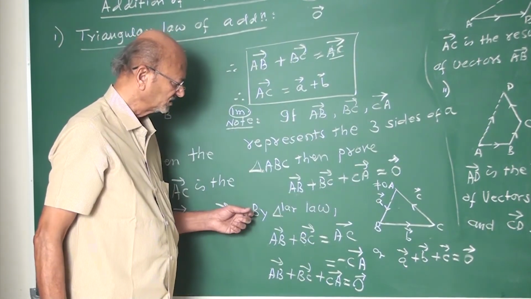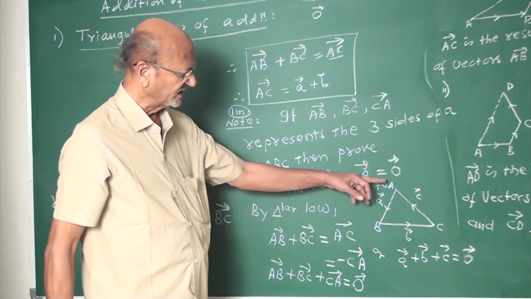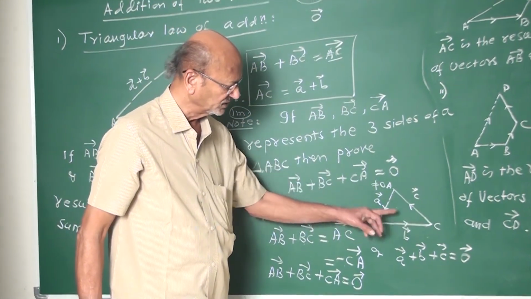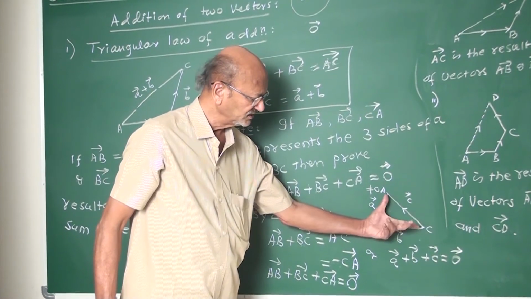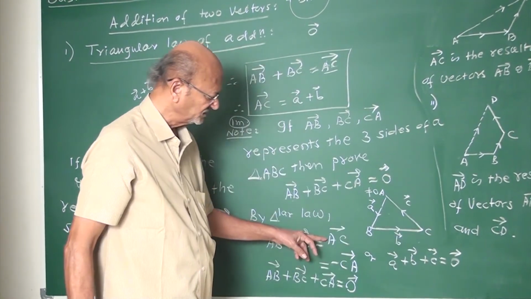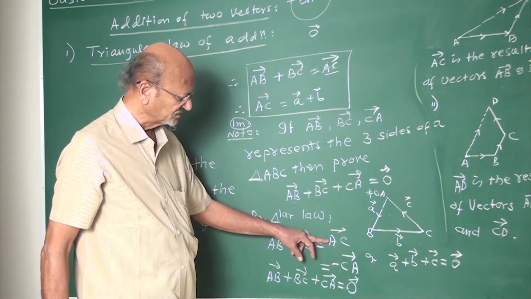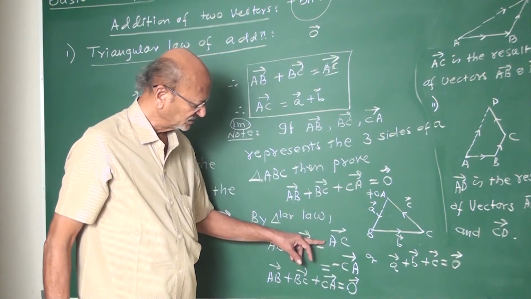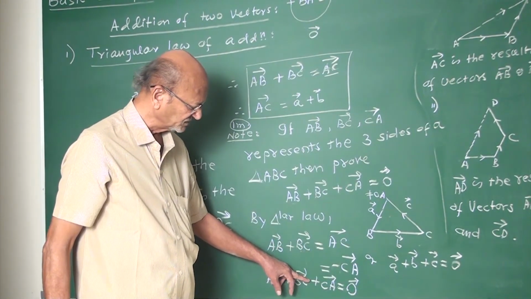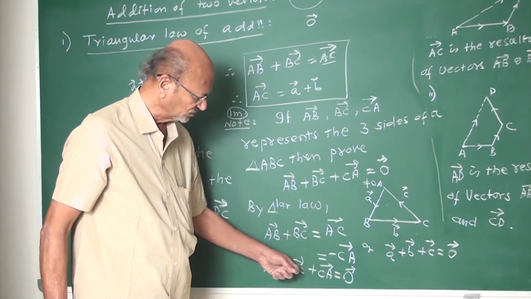Yes, how to prove it? By the triangular law of addition, vector AB plus BC, initial to end, this is AC. Change the direction, AC to CA, this plus becomes minus. Bring this to this side, plus CA equal to zero. This way.